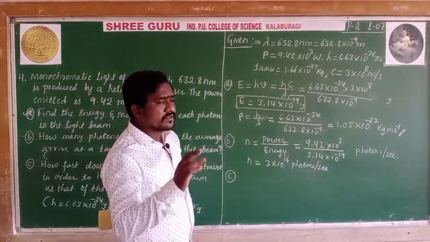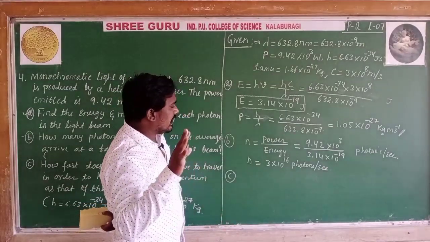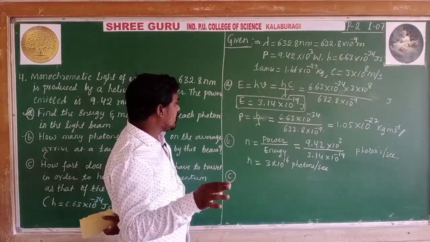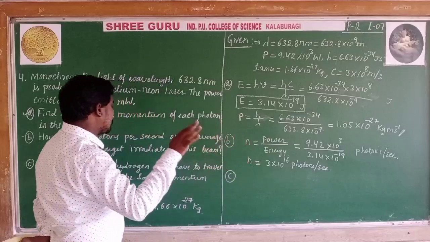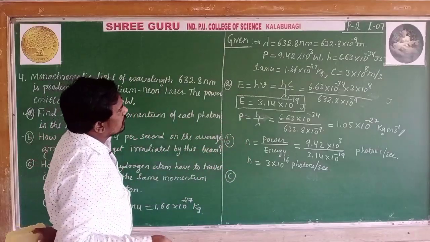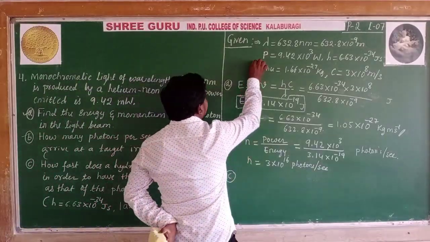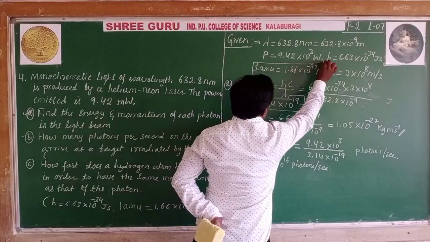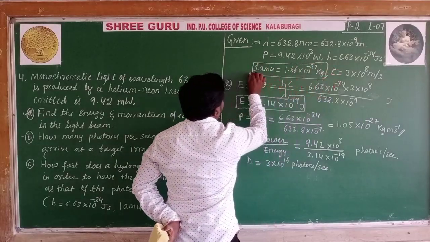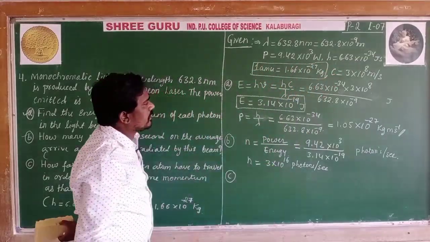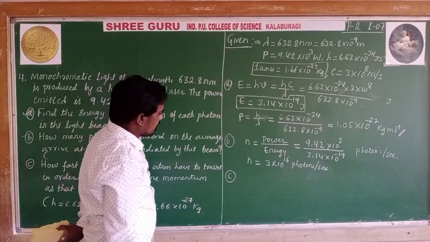Photon momentum is not going to change. With the help of the same momentum only, how fast does that hydrogen atom have to travel? We know the mass of hydrogen is 1.66 into 10 raised to minus 27 kg.